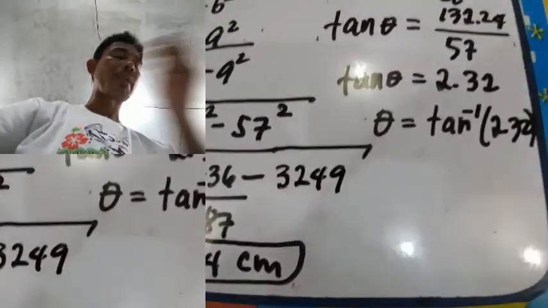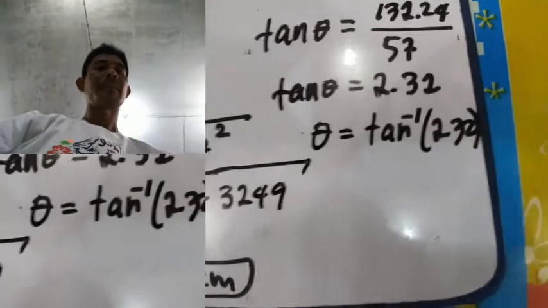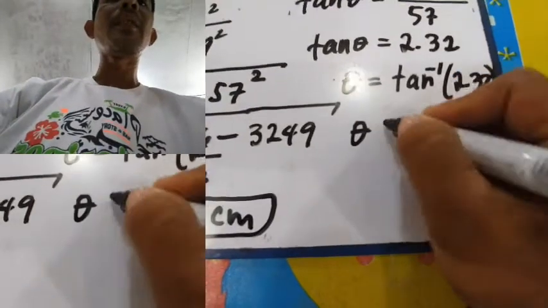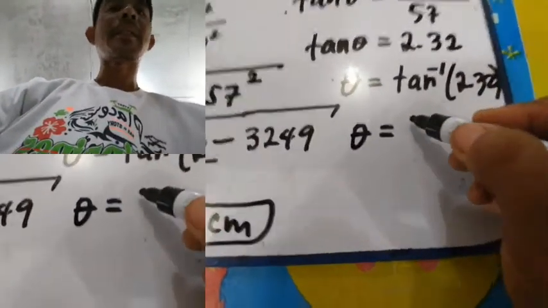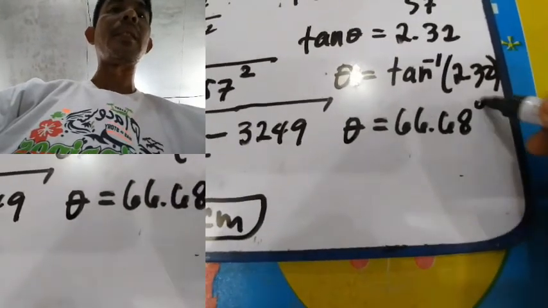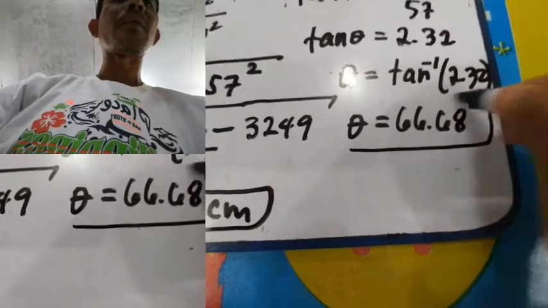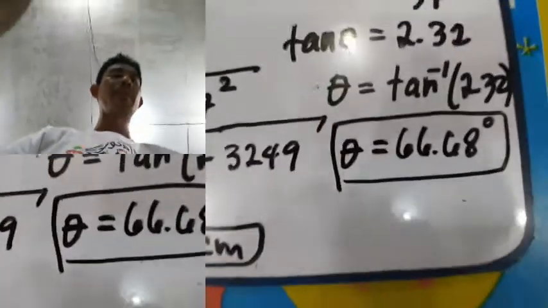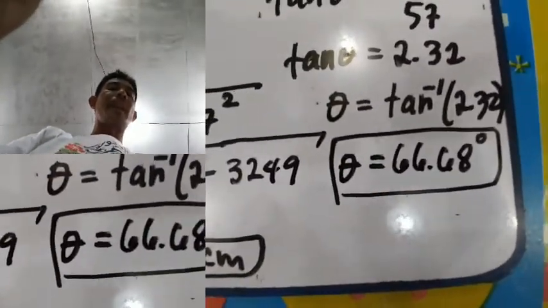You're going to use your calculator, and the value is 66.68 degrees. So this is now the angle formed by the round bar and the floor.